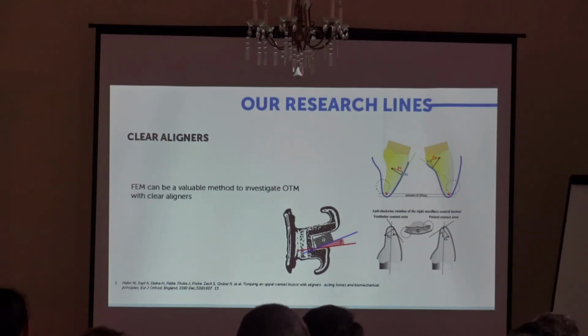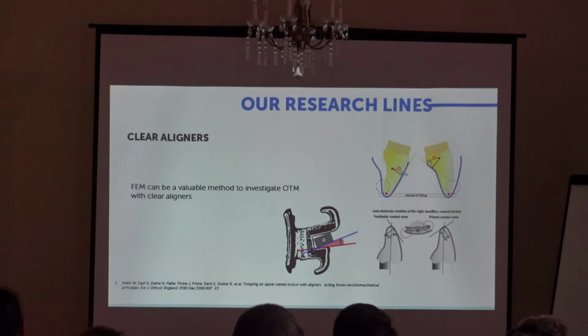And so, regarding the load that the root is experiencing while using this kind of aligner, the reason why they have not yet overcome the use of metallic brackets is that they are not yet as efficient as metallic appliances in producing dental movement.